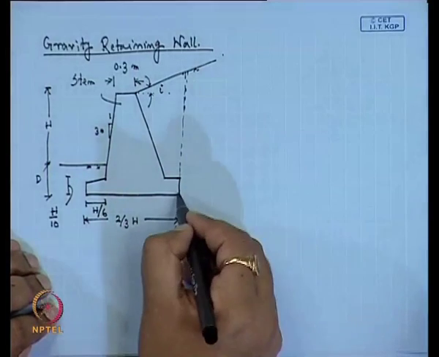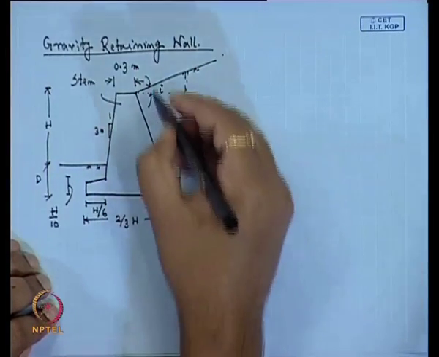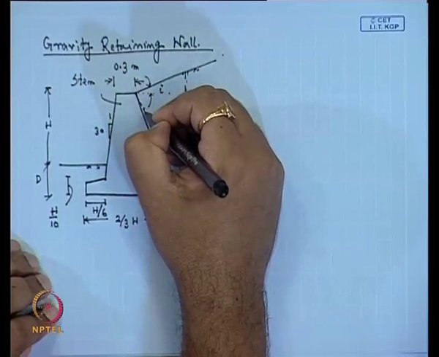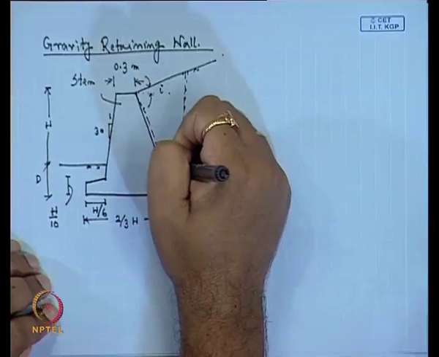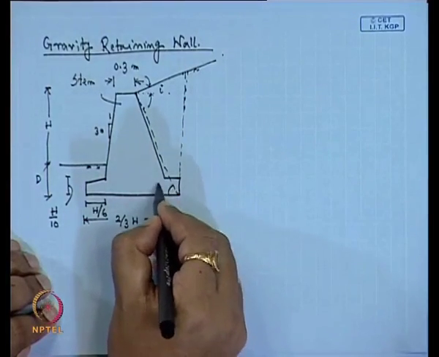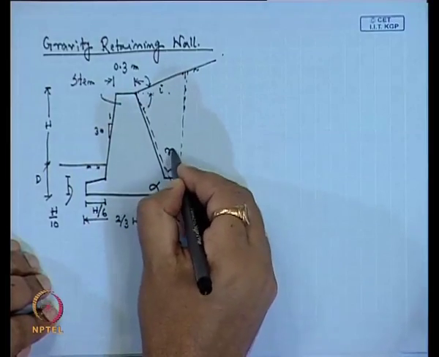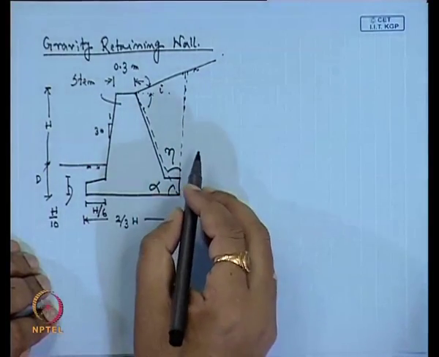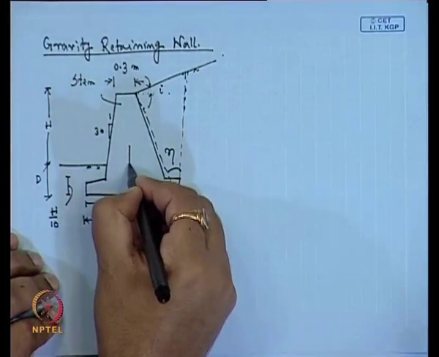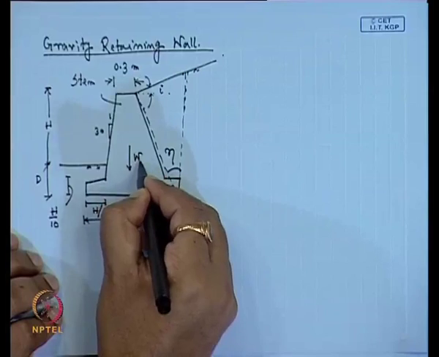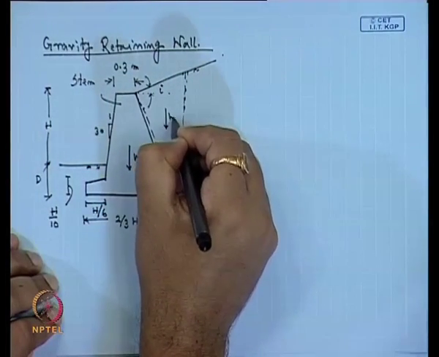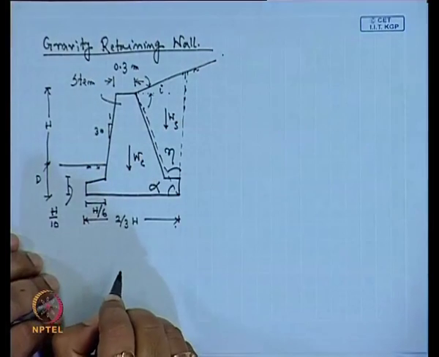Now, if I join this line with this extreme point, and if this angle is alpha and this angle is eta, what are the forces that will act? This is the weight of the concrete, W c, and this is the weight of the soil we can consider.